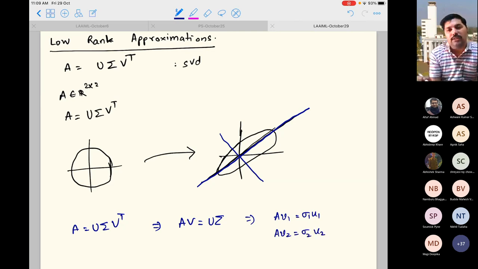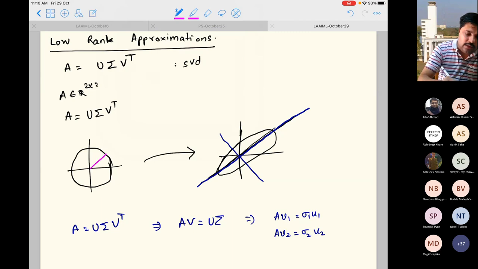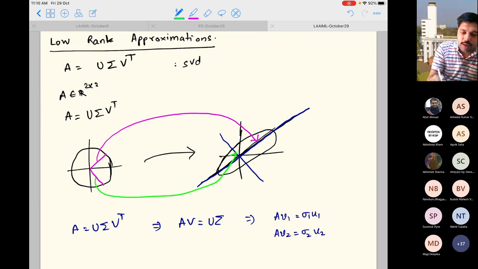These directions V1 and V2 are orthogonal, and A times V1 gets mapped to sigma 1 U1, and A times V2 gets mapped to sigma 2 U2.